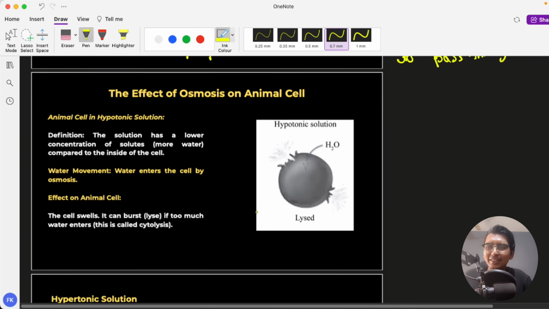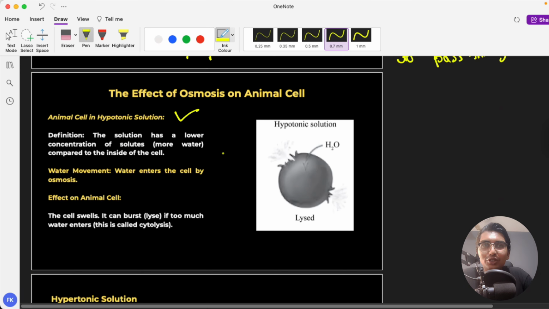So let's look at the effect of osmosis on animal cells. This is very important for the exam, by the way. We'll learn about 3 types of solution: hypotonic solution, hypertonic solution, and isotonic solution. Let's look at the effect on the animal cell. First, the hypotonic solution.